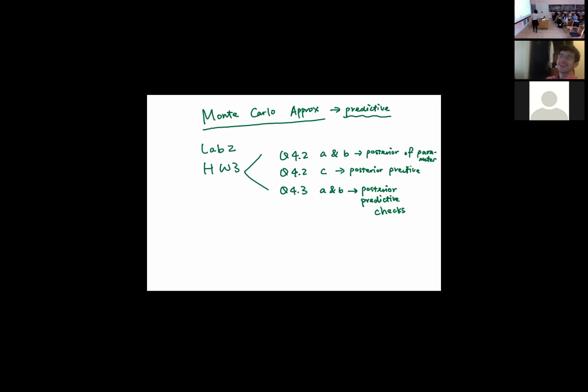Okay, so in Monte Carlo approximation, we in general talk about 3 different things. Okay, so the first one is just about how you generate samples of the posterior distribution, say like in the beta-binomial, gamma-Poisson.